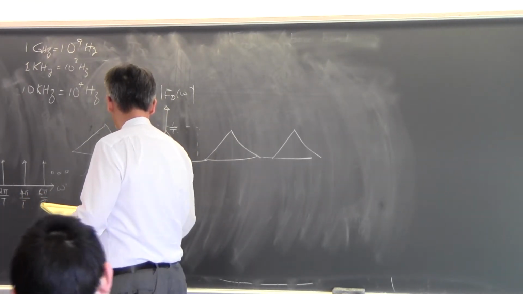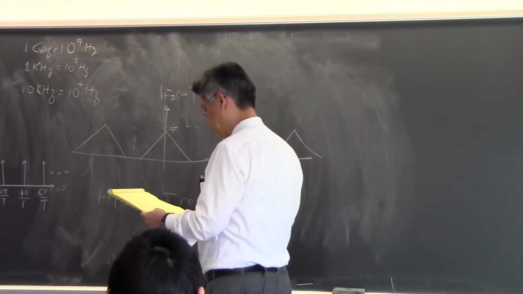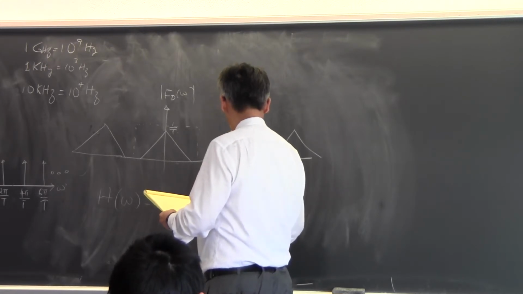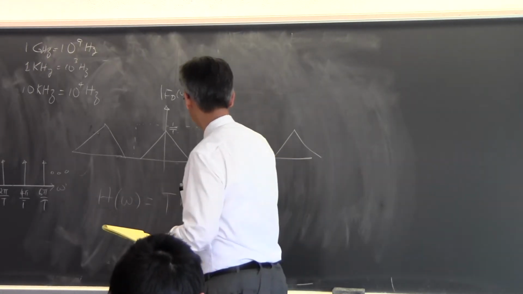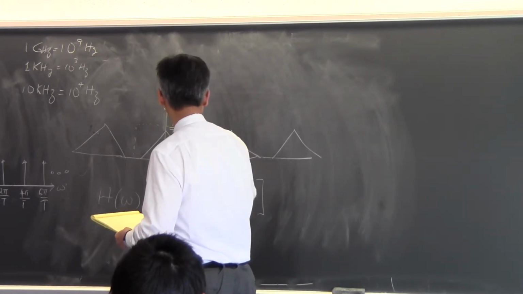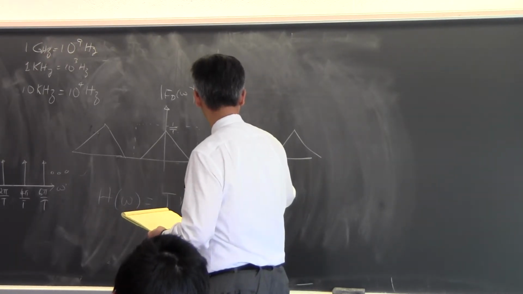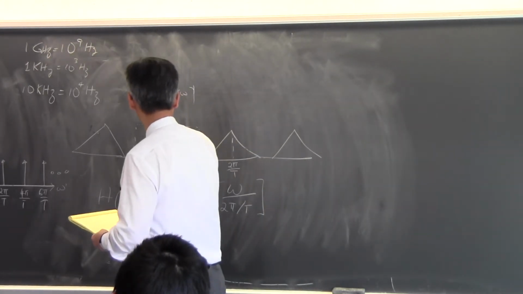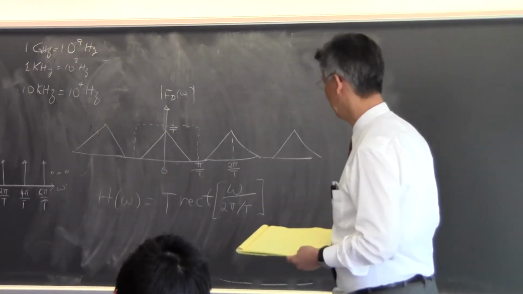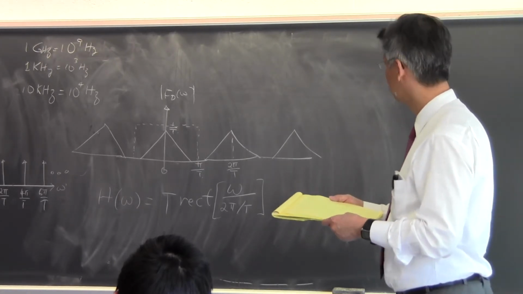And the low-pass filter should have this amplitude of T multiplied by omega over 2 pi over T. Okay, and if this period here is pi over T, this is actually 2 pi over T. This is 0, and the low-pass filter can just pick up the baseband. And that is the design of the low-pass filter that would work.